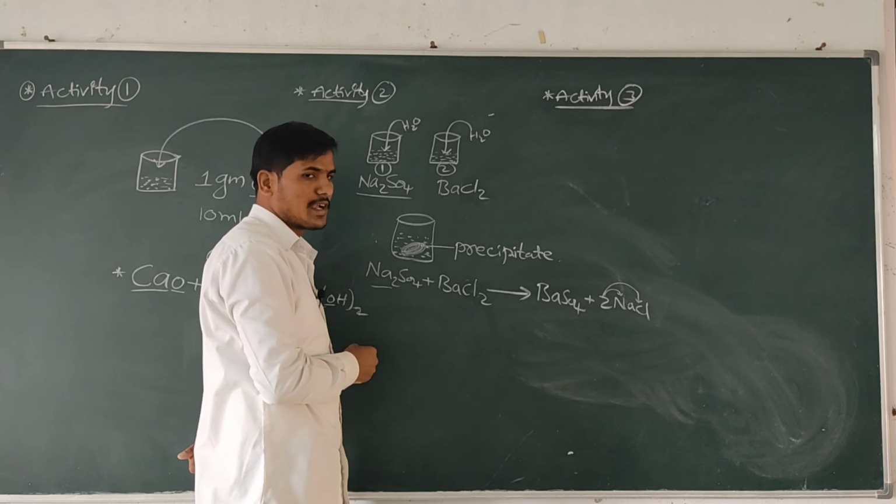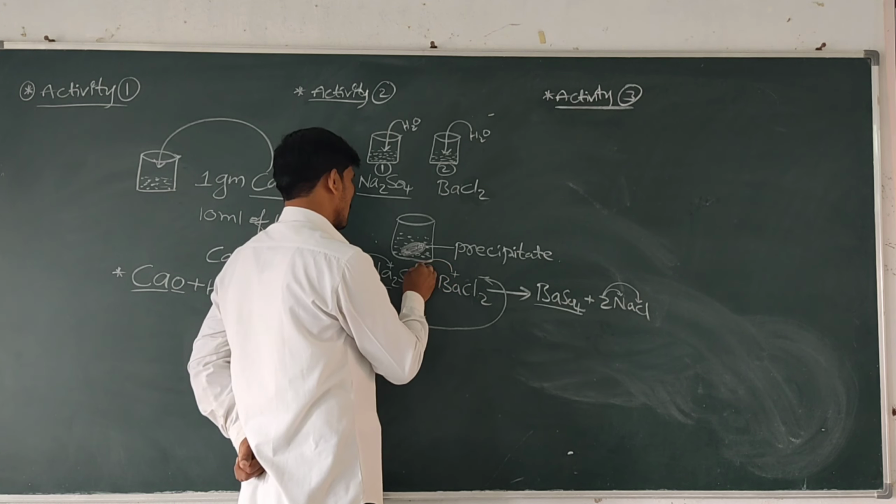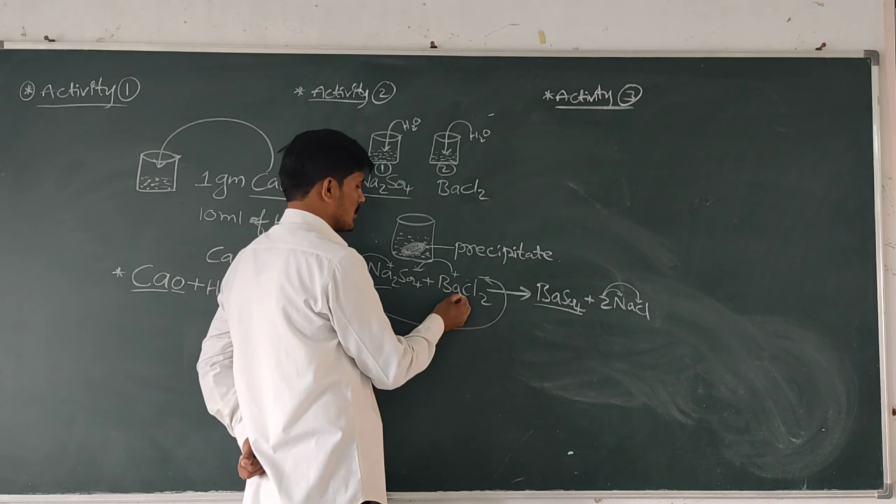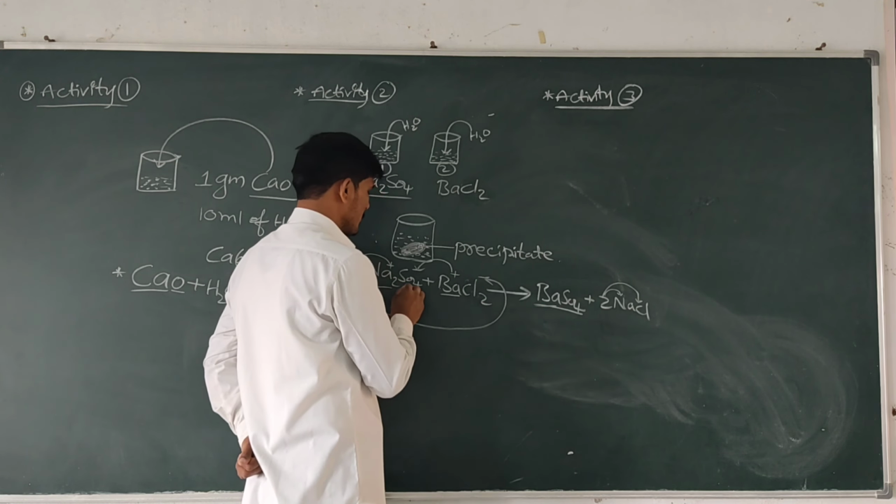Here the positive charge attacks the negative charge, and this positive charge attacks this negative charge. So that's why barium sulfate is formed and sodium chloride is formed.